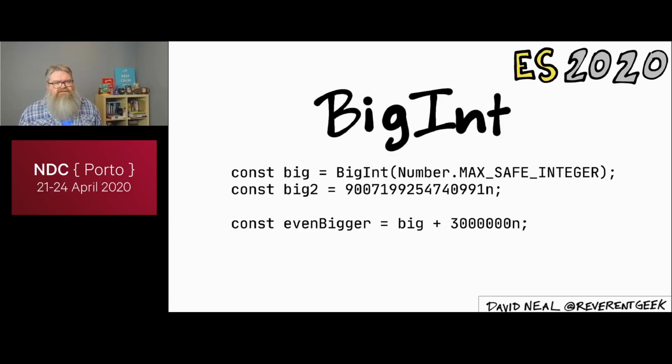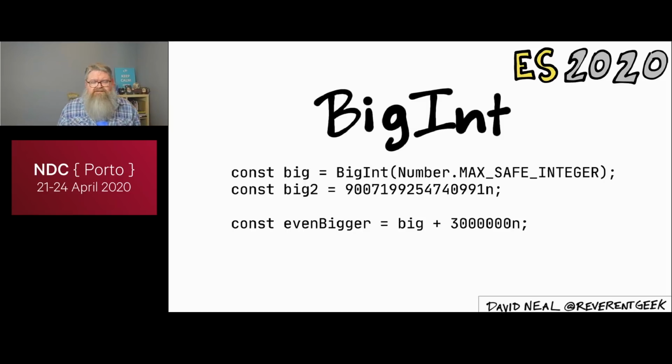And then there's a new data type called big int. In the past, the largest integer value you could have in JavaScript was 2 to the 53rd power minus 1. That's a really big number, but it turns out we sometimes need numbers bigger than that.